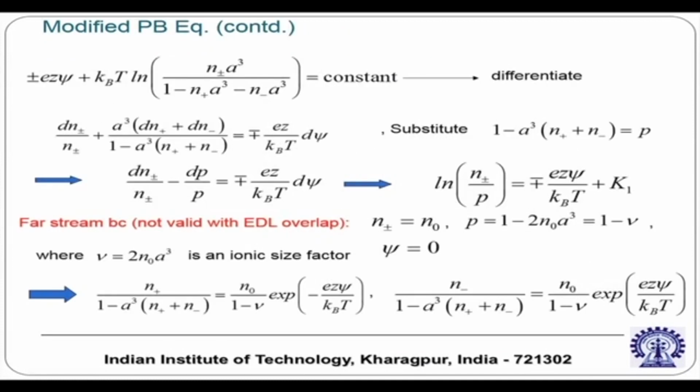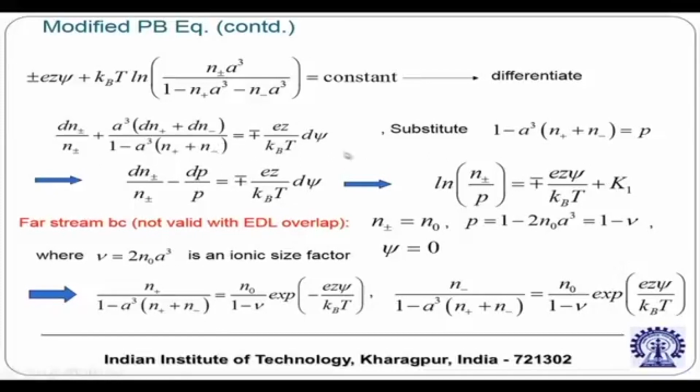So the modified Poisson-Boltzmann equation: this is equal to a constant, the potential is constant. Now you differentiate that and set it to 0. You will get this; I am not going into the algebra, I am just giving the concept.